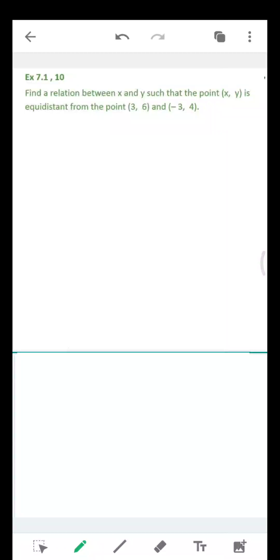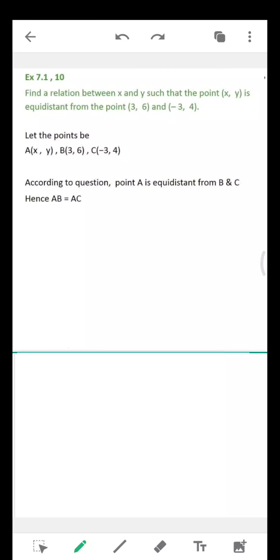Let the points be A x comma y, B 3 comma 6 and C minus 3 comma 4. According to the question, point A is equidistant from B and C, so I can say AB is equal to AC. So we'll find AB and AC using the distance formula.